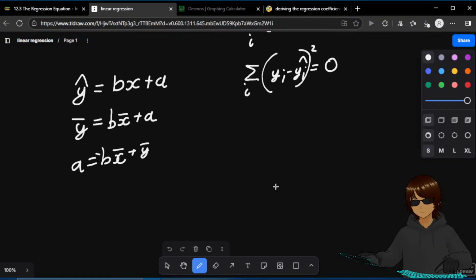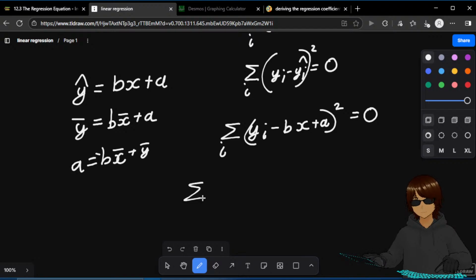Now let's see if I square it. So minus, right? bx plus a, squared.